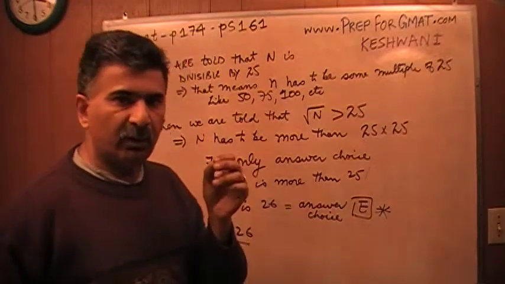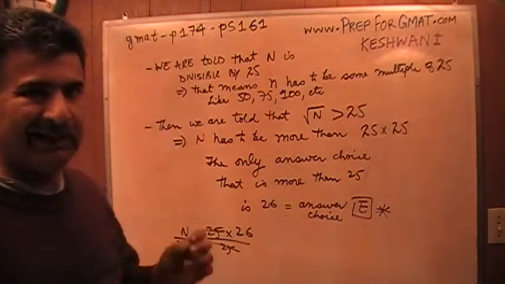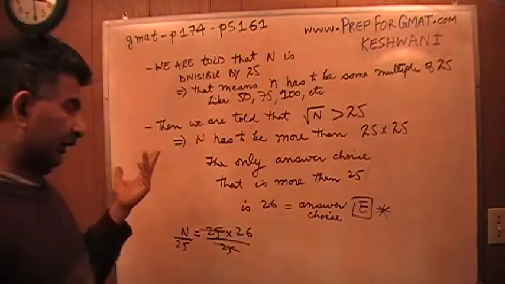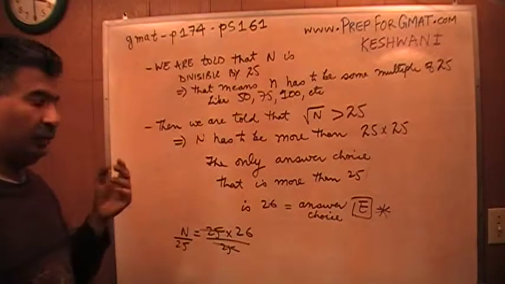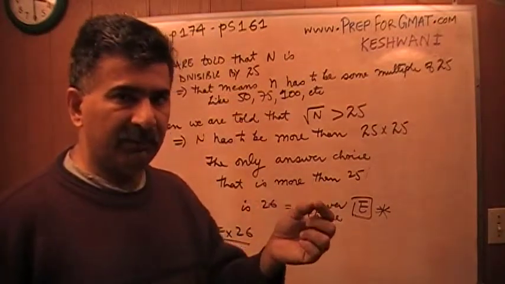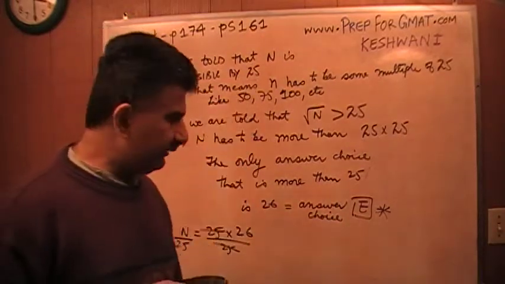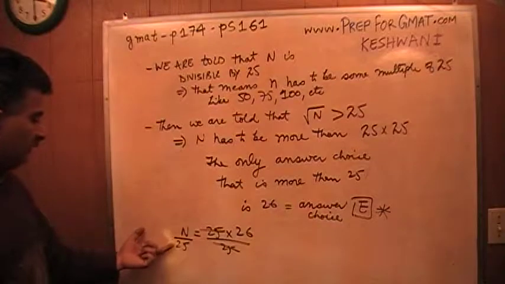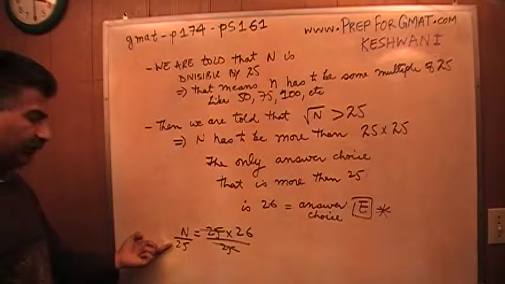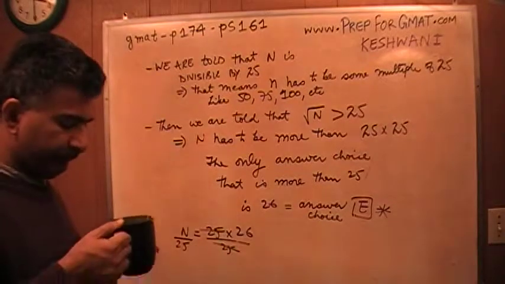Well, that tells me that this n, whatever it is, has got to be more than 25 times 25. That's it, we are done. The only answer choice, therefore, that we have more than 25 is 26. Therefore, the value of n divided by 25 could be 26, because this is the lowest possible value of n that we can have.